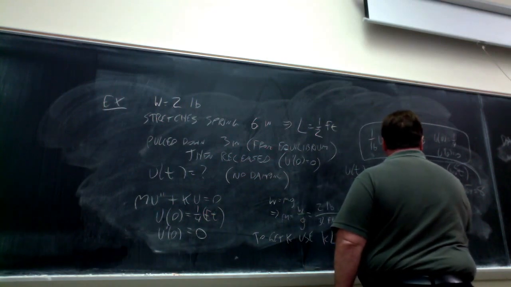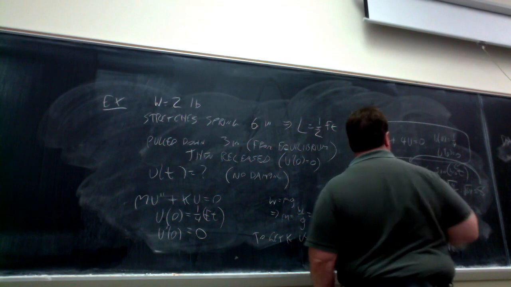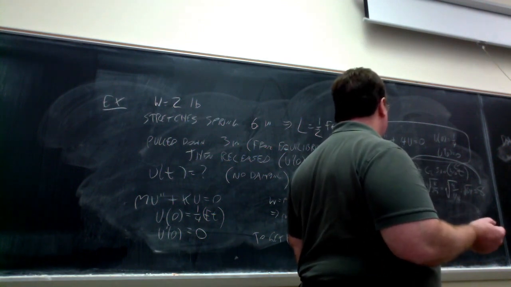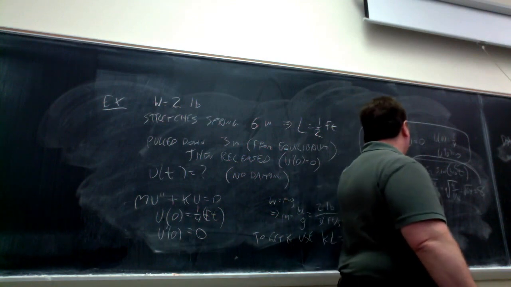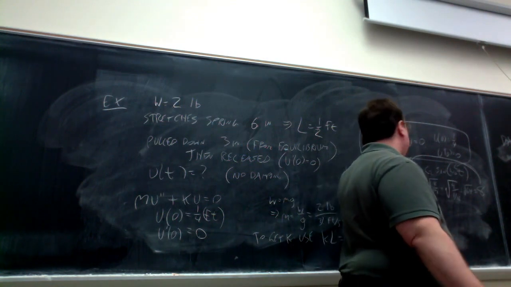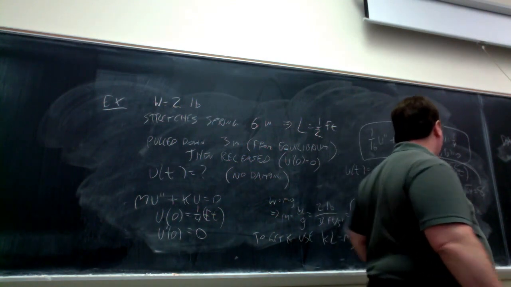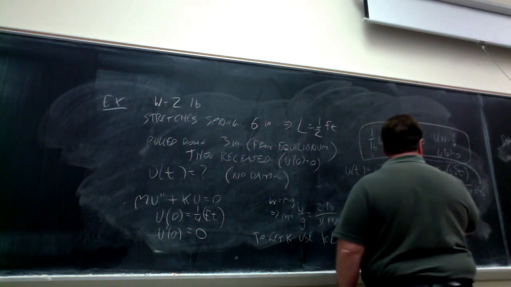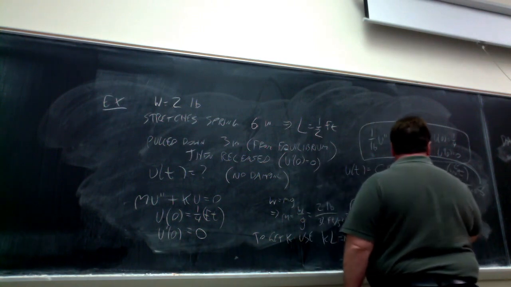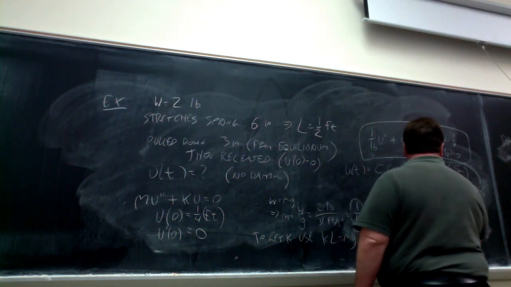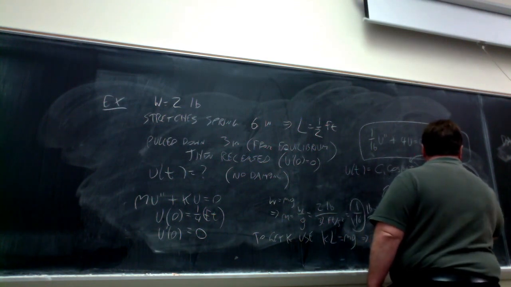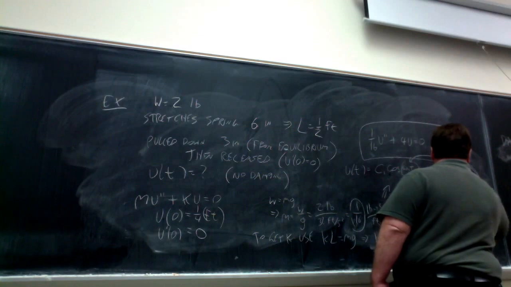U prime of 0, when we differentiate this, if you plug in t equals 0, here you get a sine, which gives you 0. And then here you get a cosine, so you end up with omega naught C2. But C1 is supposed to be 1/4, and u prime of 0 is supposed to be 0. So that tells you that C1 is 1/4, C2 is 0.